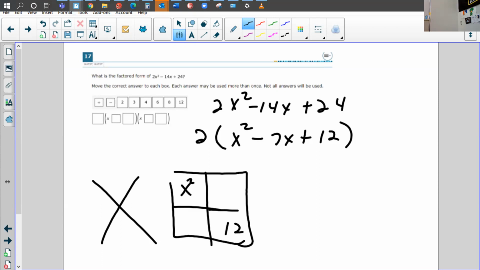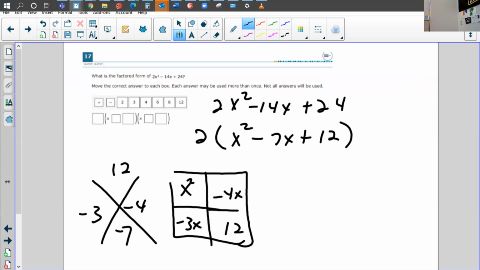Remember, I factored out the 2, so the 2's to the side. Don't worry about the 2 right now. So I'm going to have 12 on top and -7 at the bottom. What two numbers multiply to give me a positive 12, but when I add them give me -7? That could be minus 3x and minus 4x.